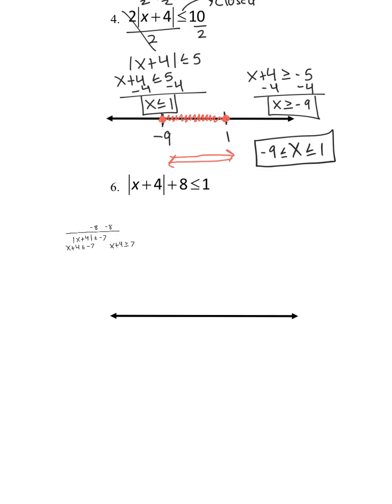Then I'm going to subtract 4 from both sides to get the x's by themselves. Okay, so I'm going to plot -11 and 3. The symbol here has a line under it, so that's going to be a closed circle around these points.